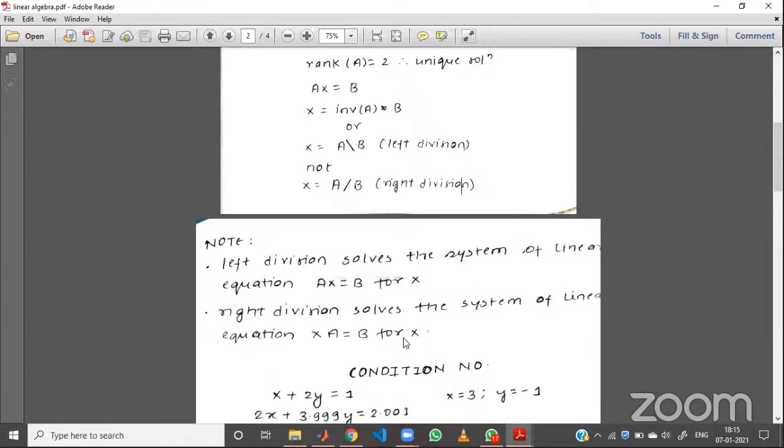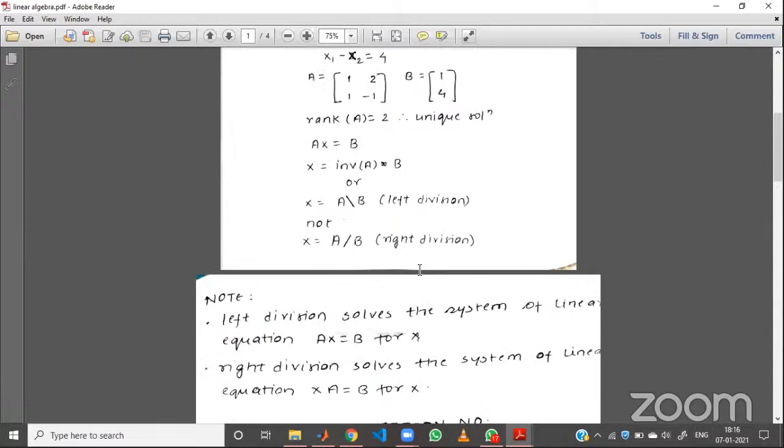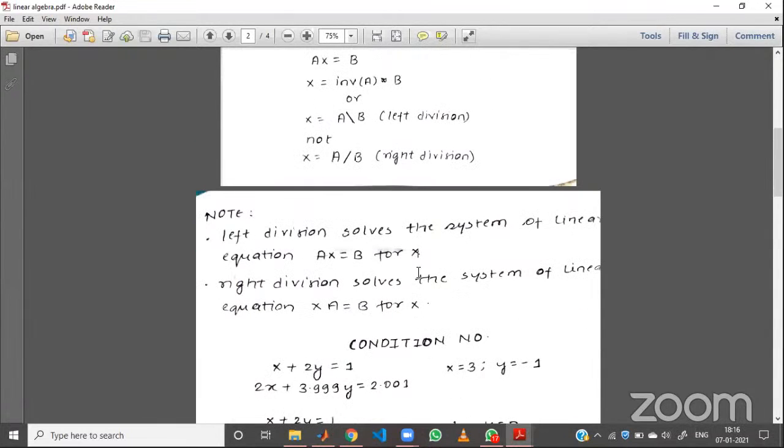The right division solves the system of linear equations XA equal to B. The left division solves the system of linear equations AX equal to B. In matrices, we solve the second one, AX equals B. So just keep in mind, we have to use the left division.